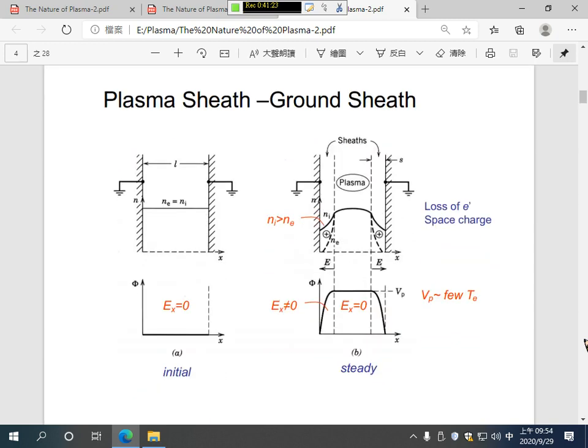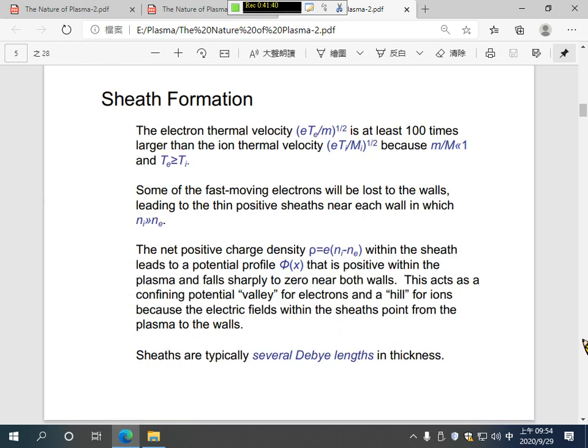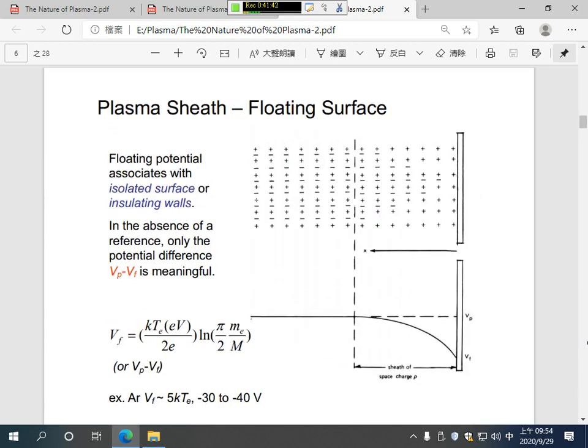So these two slides show how the sheath was built up, or maybe we should look at this figure. Okay. So once the sheath is built up this way, there will be an electrical field in the sheath region.